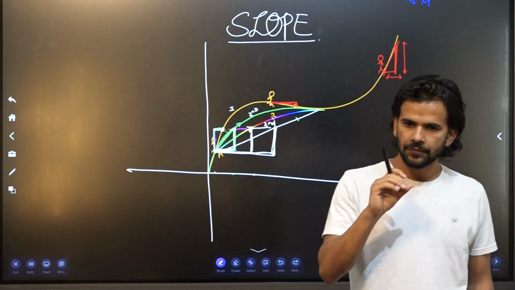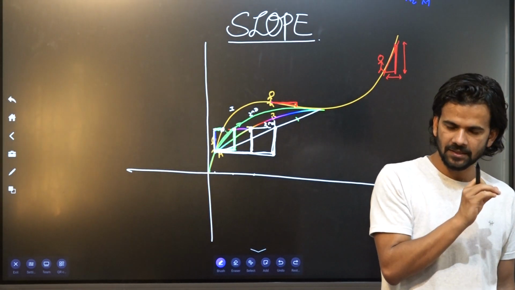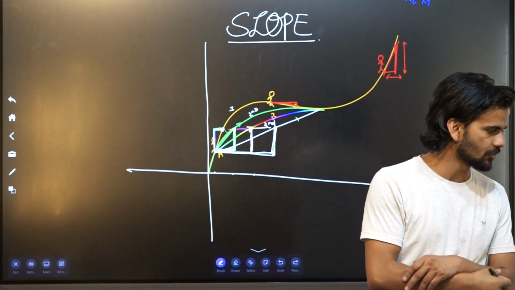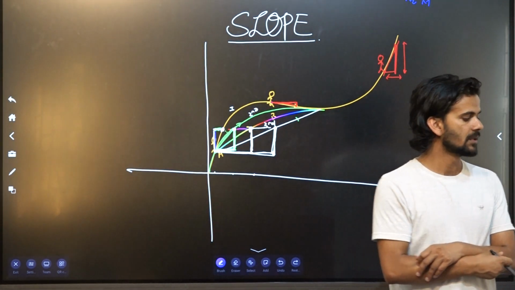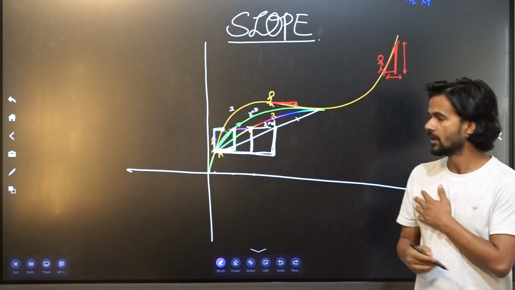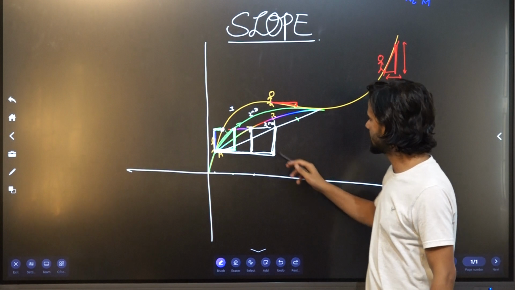So if you cover the same vertical distance by covering more horizontal distance, the slope of the path is changing. It's decreasing.